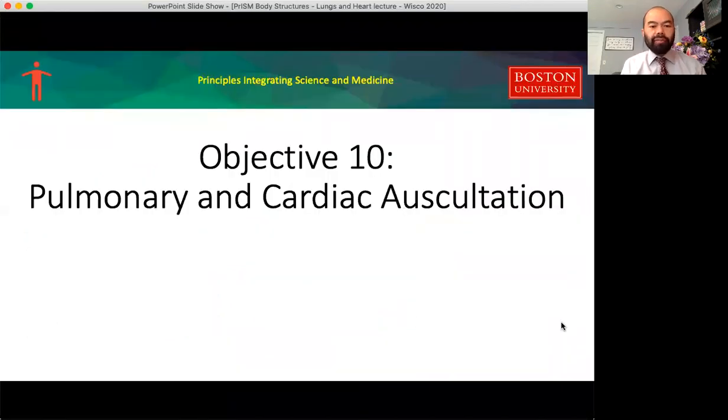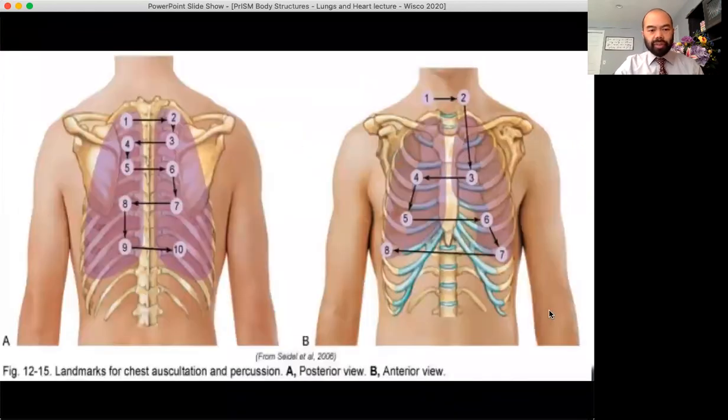All right, let's finish off by talking about pulmonary and cardiac auscultation. So here's a picture of pulmonary auscultation. And what this shows is the general zigzag pattern that a clinician could use to listen to the different lobes of the lung. The lungs are easiest auscultated on the posterior side or from the back.